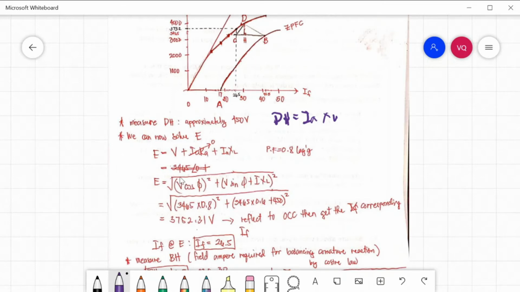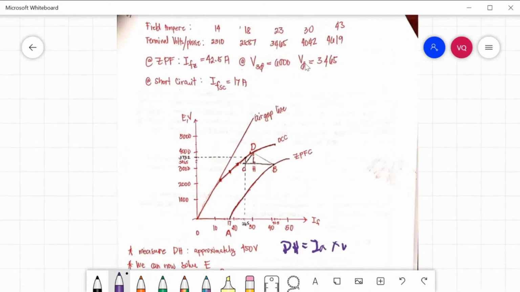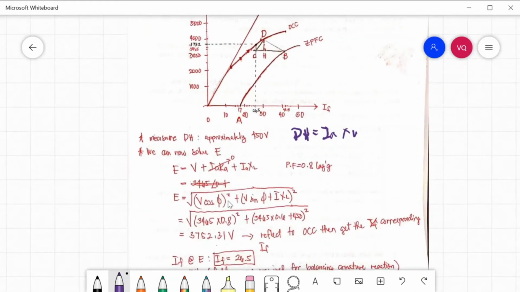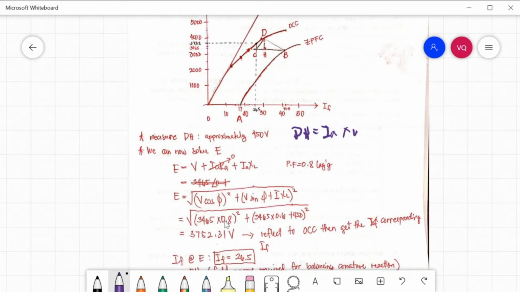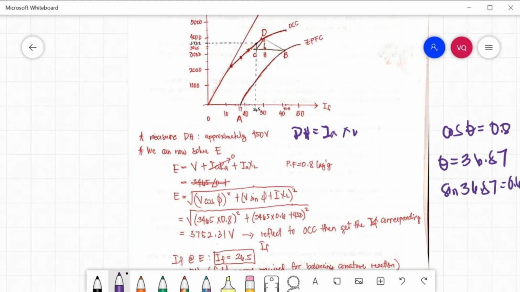V is the single phase of 6,000, that is 3,465. Cosine theta is 0.8, theta is 36.87, and sine of 36.87 is 0.6.